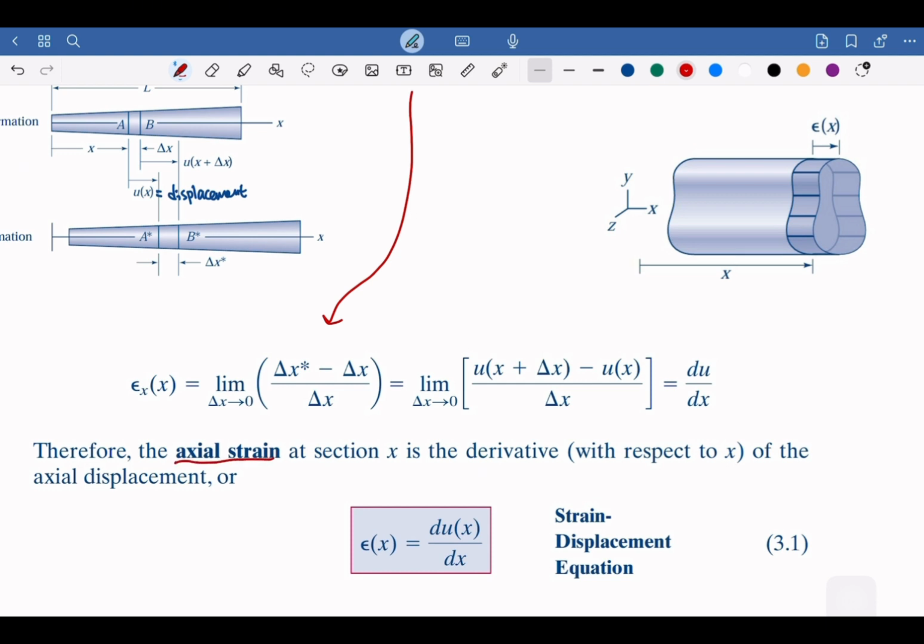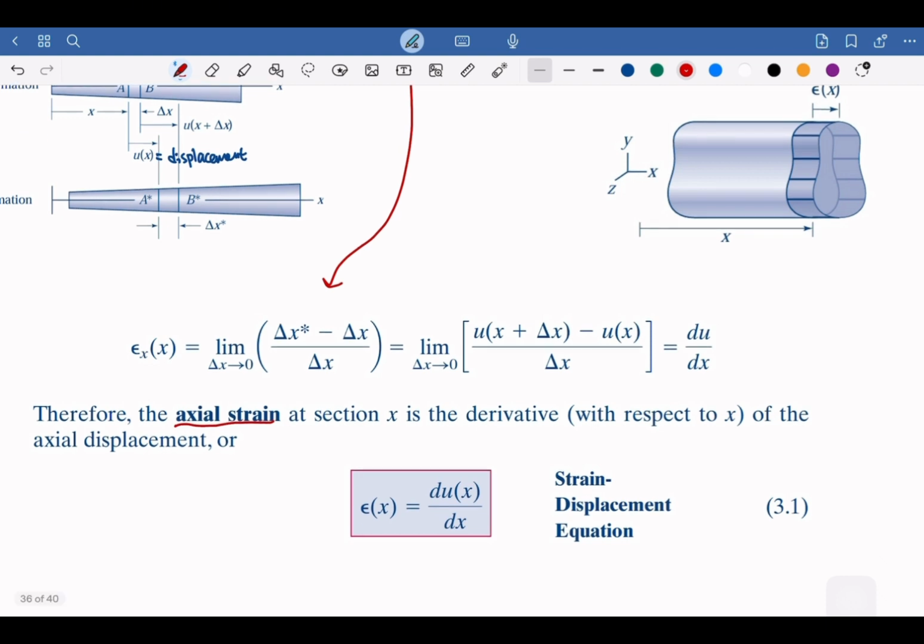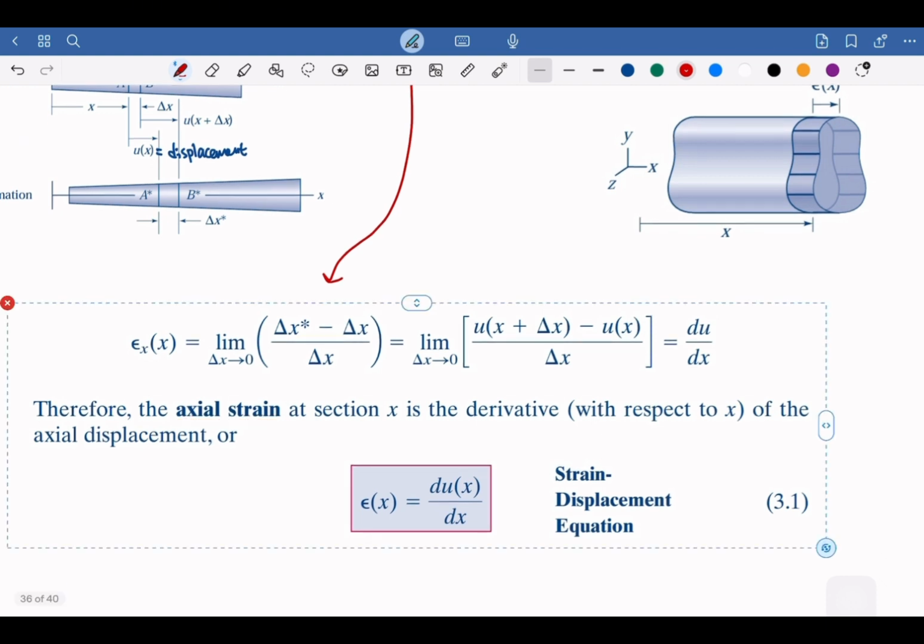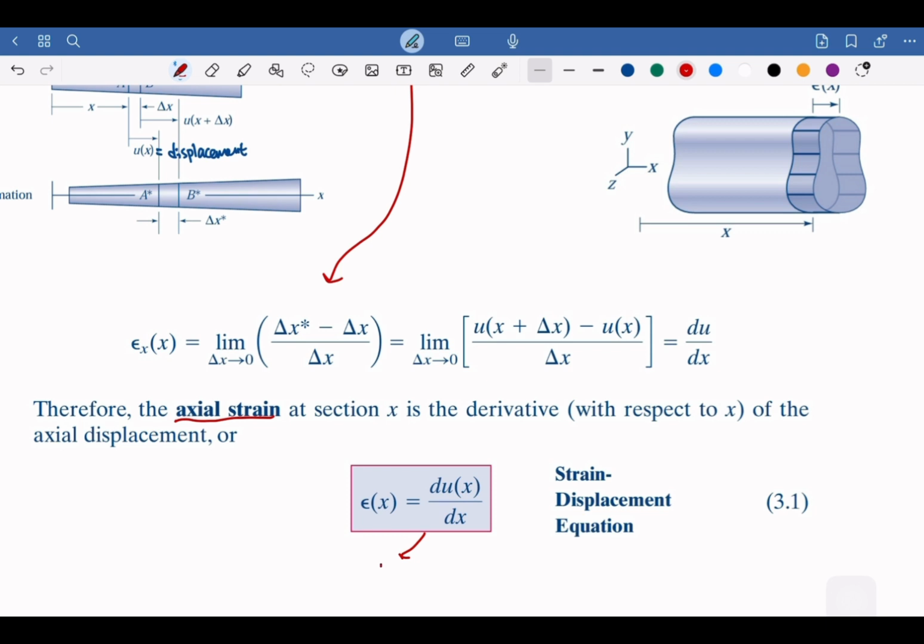So strain at one axis. Or in mathematical terms, we can say this is du dx, or derivative, d dx of ux.